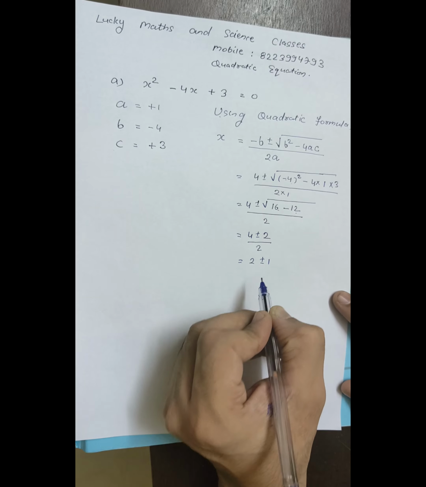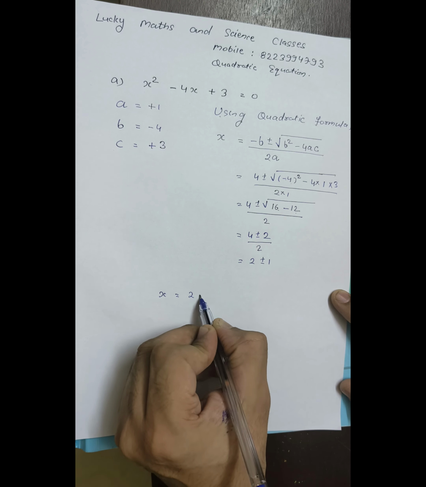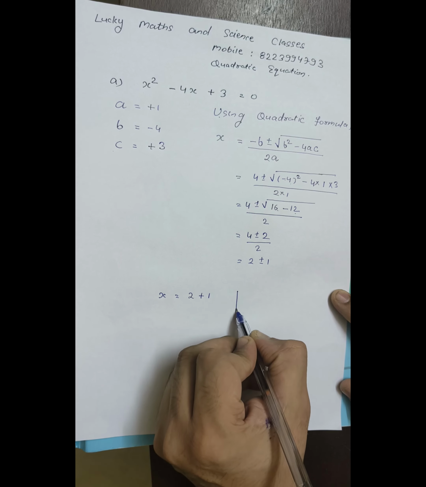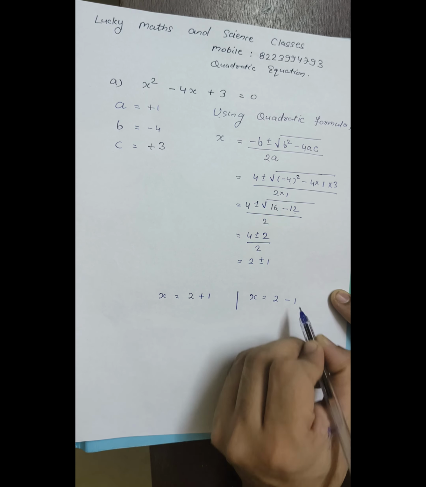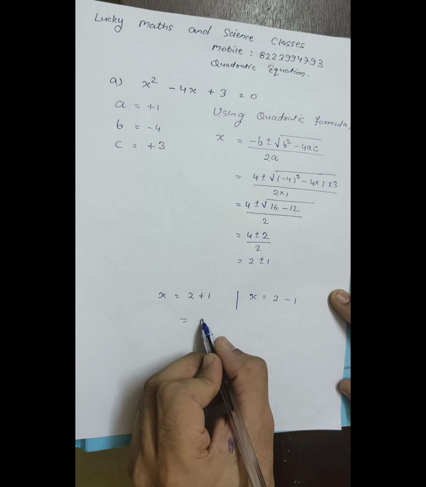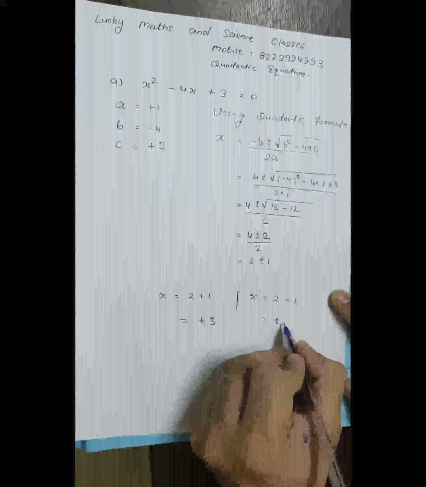Now plus minus 1 here means x will be either 2 plus 1 or 2 minus 1. 2 plus 1 is plus 3 and 2 minus 1 is plus 1.